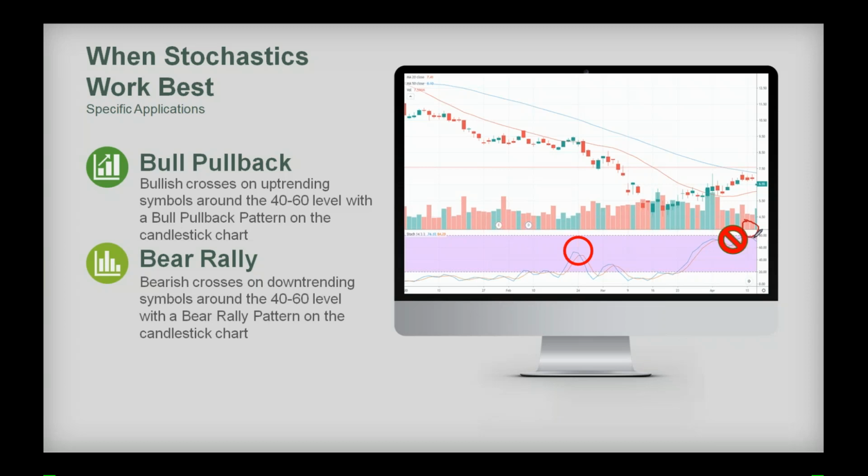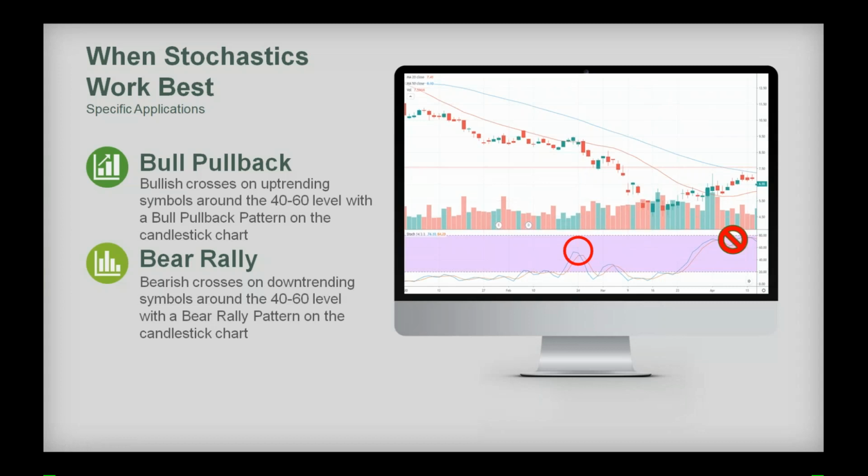So if I'm bullish and I start to see some sell signals up there above 80, I don't necessarily short, but maybe I take profits, or maybe I stop buying and look for something else to trade.